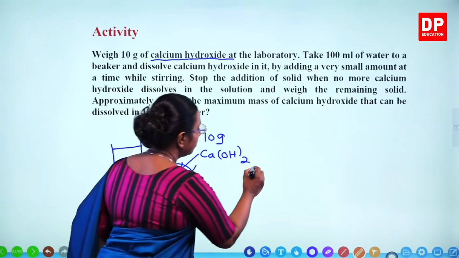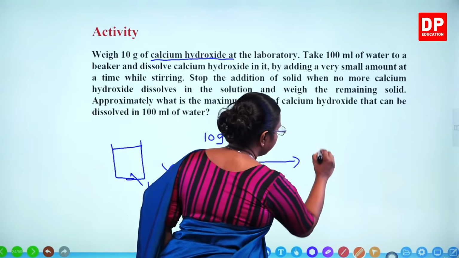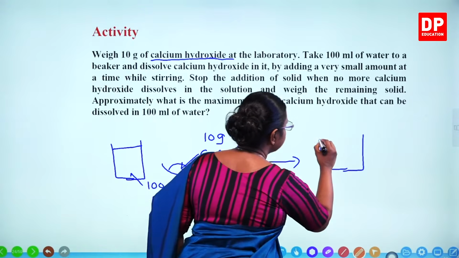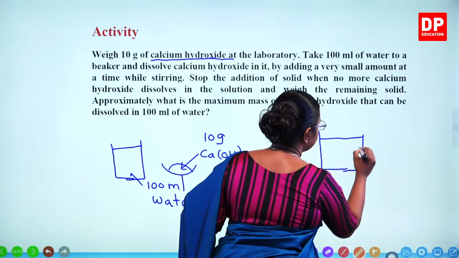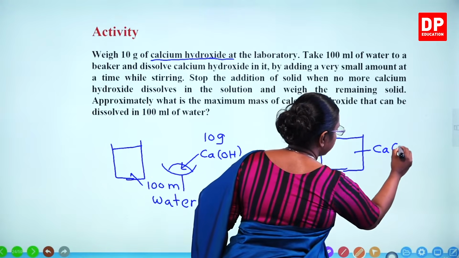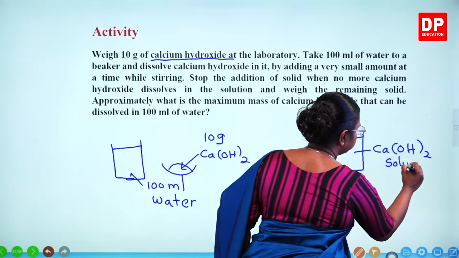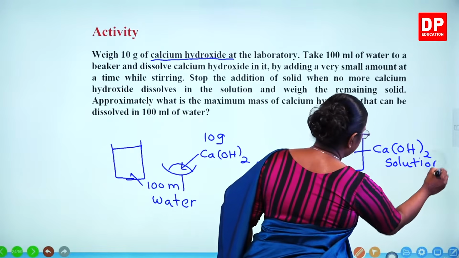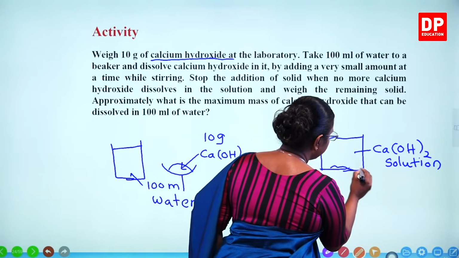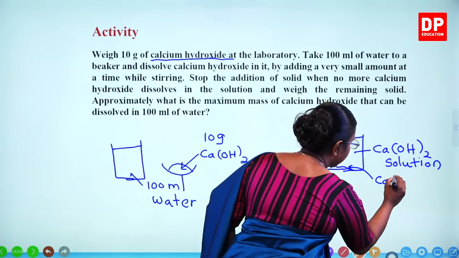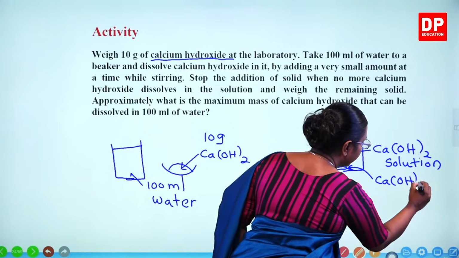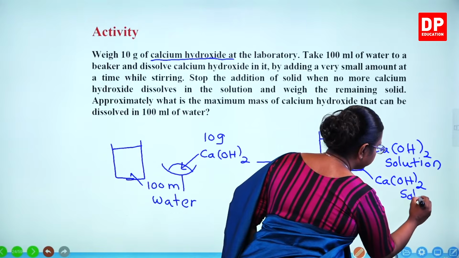So here also, once we dissolve, we will get a saturated solution of calcium hydroxide. So this is going to be calcium hydroxide solution. And in that also, there is going to be calcium hydroxide solid remaining.